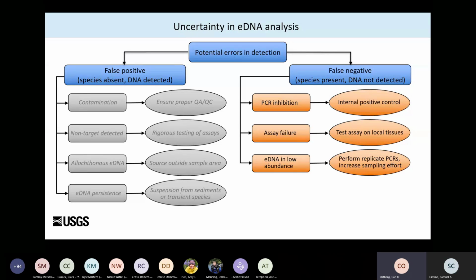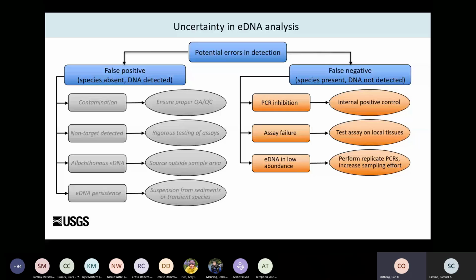It's a good idea to have an understanding of how the assay was developed and the geographic extent of the tissues that were used to validate an assay. You might need to test the assay on tissues obtained in your sampling area if this wasn't done. It's always a good idea, when using new assays, to test those assays on tissues from the target species and non-targets, just to make sure.